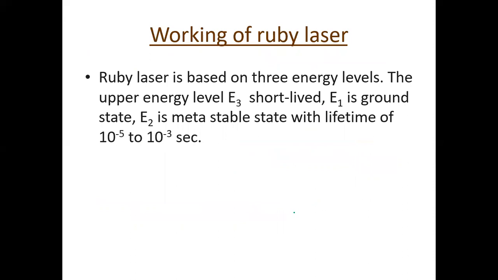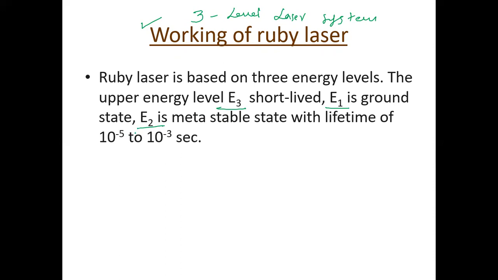The working of ruby laser. Basically, the ruby laser is a 3-level laser system. In this case, we consider the energy levels E3, E1, and E2.